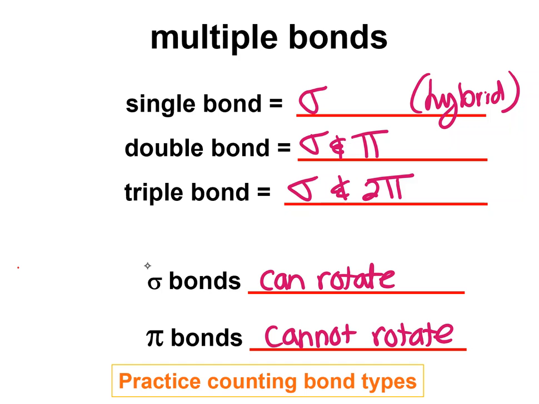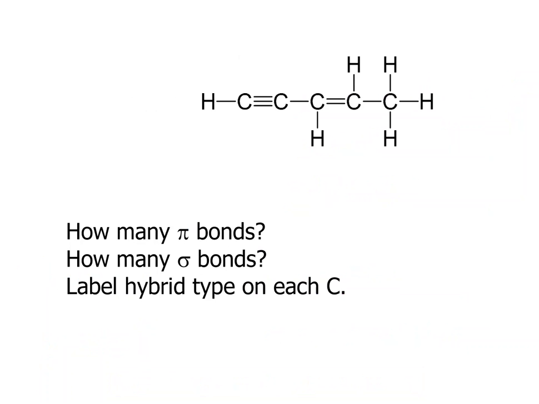Let's add to this a little bit. Sigma bonds are from the hybrid, and pi bonds are from the p orbitals. Let's practice counting sigma and pi bonds. First, for the pi bonds, you look wherever you have a triple bond, that's 2 pi and a sigma.